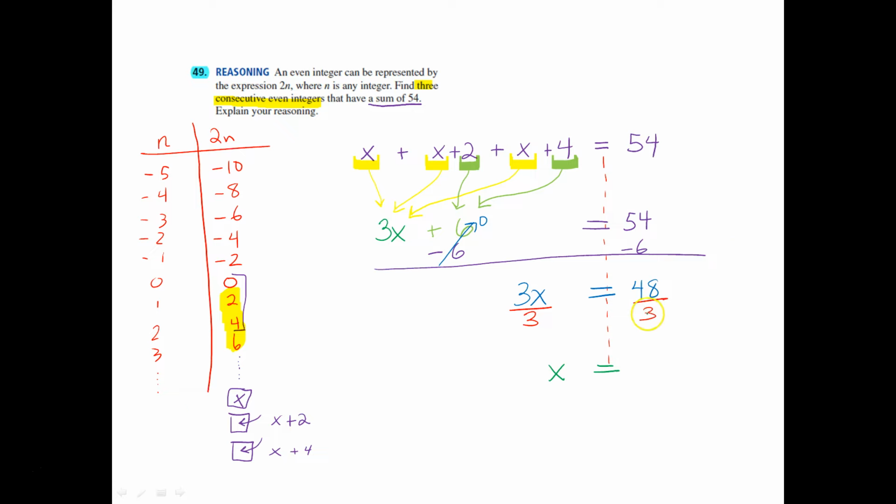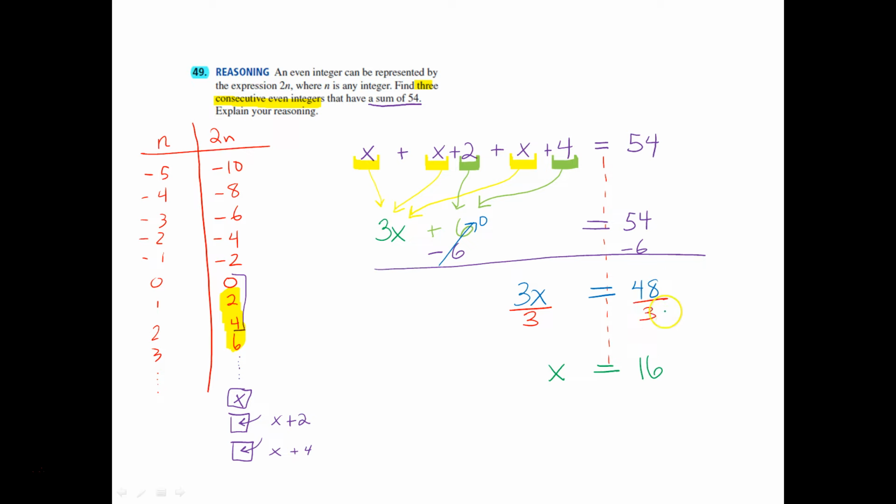I basically just did long division in my head. 3 goes into 4 once, but it's in the tens place, so that gives me 10, right? 10 times 3 is 30, which leaves me 18 left over.